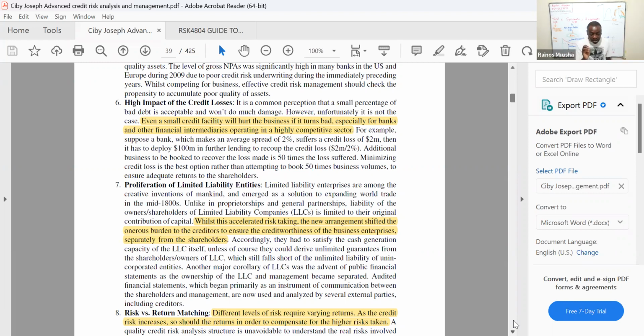Because that obligor is operating as a limited liability entity, the maximum that you can claim from the obligor is what the owners have invested in it. So the burden of ensuring that there is no default from the obligor is now on the supplier of credit. Because the burden is on the supplier of credit, this is the reason why the supplier of credit needs to do a credit risk analysis.